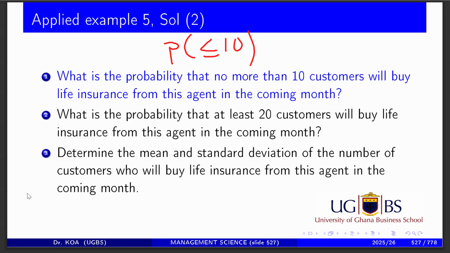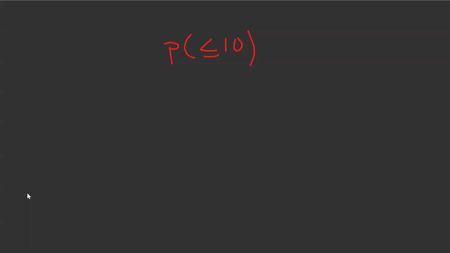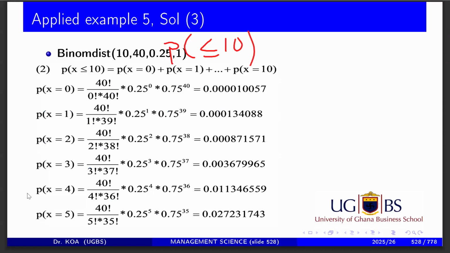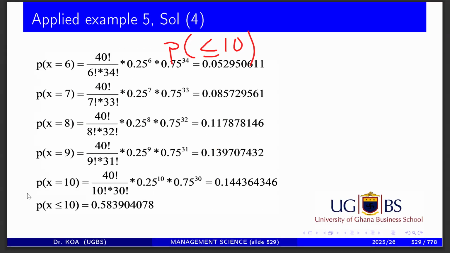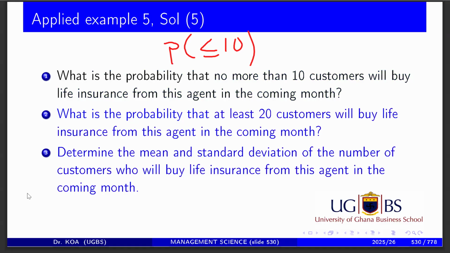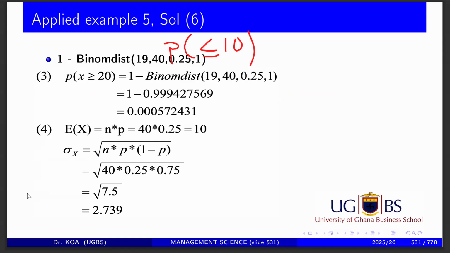The sample size is what? 40. Determine the mean and the standard deviation of the number of customers who will buy from this agent. So this is the mean and then the variance or standard deviation.